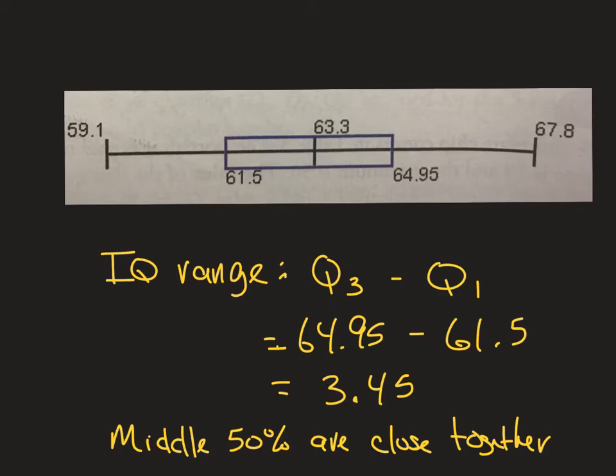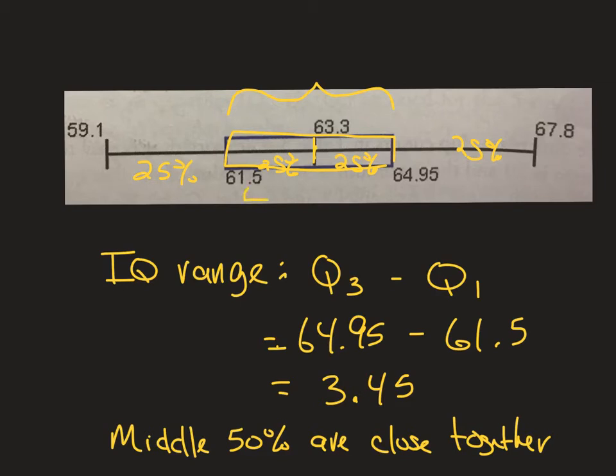It's used a lot with box and whisker plots. Remember, when you make a box and whisker plot, your box contains your middle 50%. A box and whisker plot divides things into 25% increments: 25% there, 25% there, that's the median, 25% there, and 25% out there. The longer the box, the more spread out your data is, like you'd expect.